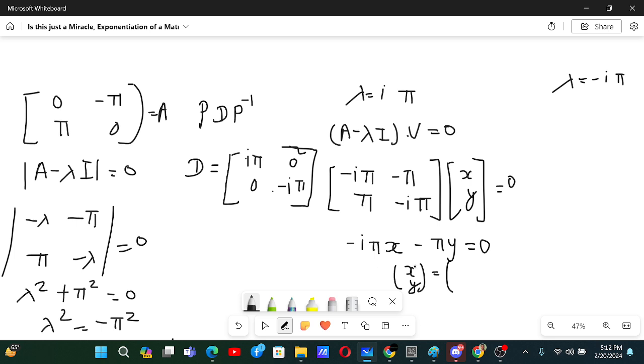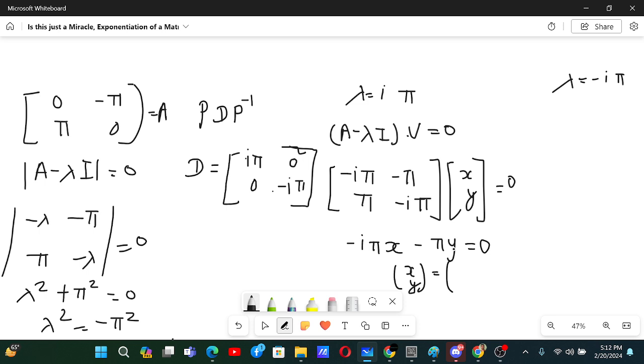Okay. So what satisfies this equation? Basically, if I put x as i over here, you get minus i squared pi minus i pi. But that doesn't solve the problem.